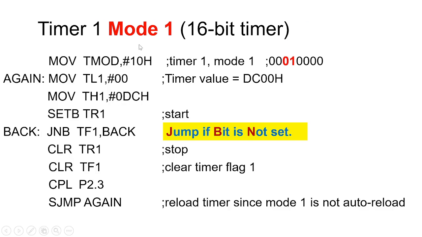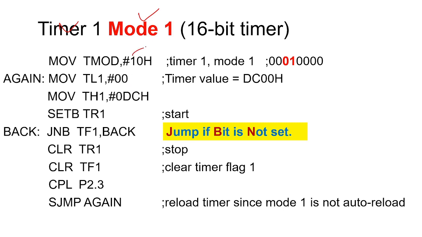We know that we are writing the program for timer 1 and mode 1. How do we find that it is timer 1 mode 1? First we need to specify it in the program. The first instruction is MOV TMOD, #10H.